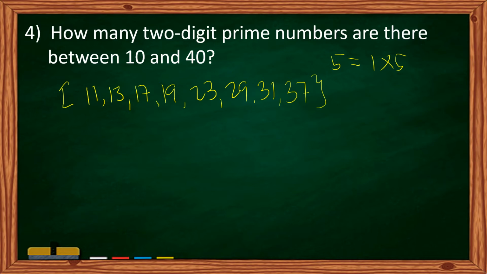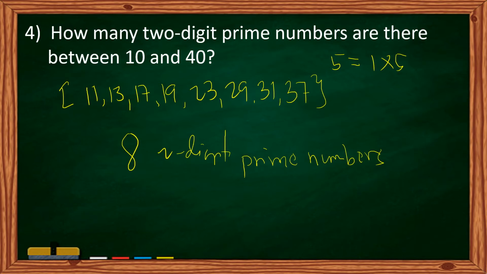Okay? So, kung bibilangin natin yan, 1, 2, 3, 4, 5, 6, 7, 8. So, we have 8 two-digit prime numbers between 10 and 40. So, this is your final answer.